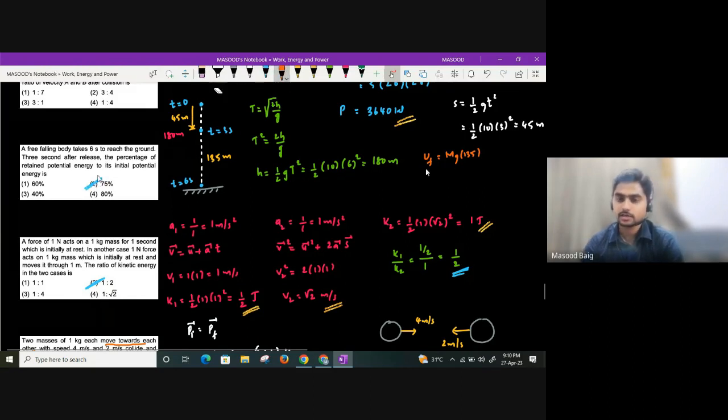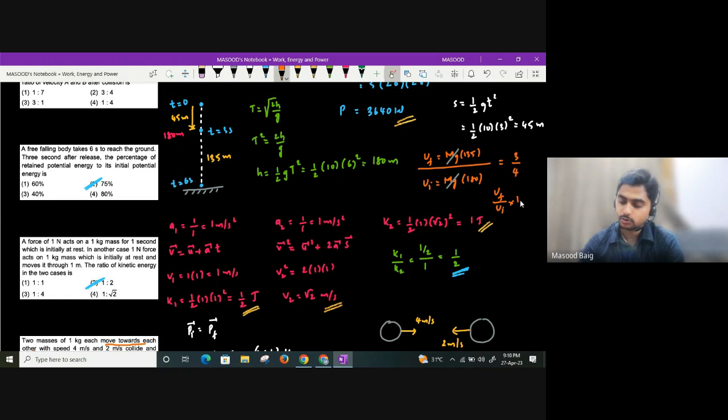Or you can write it like this: final energy we got. What is the initial potential energy? 180 we got. Yes or no? What is the percentage retained? You can simply divide. mg and mg will get cancelled out. So 45 threes by 4. So UF divided by UI into 100, if you do, you will get this as 75%.